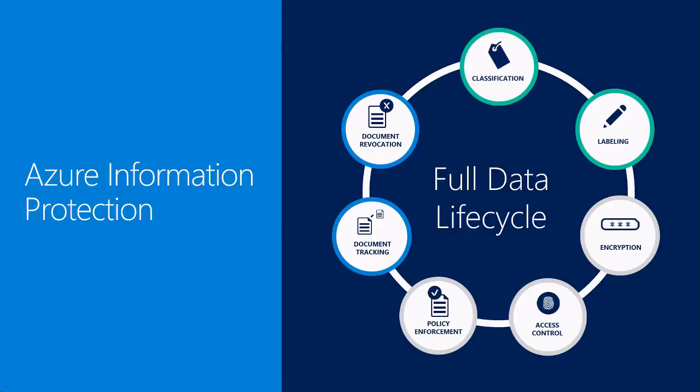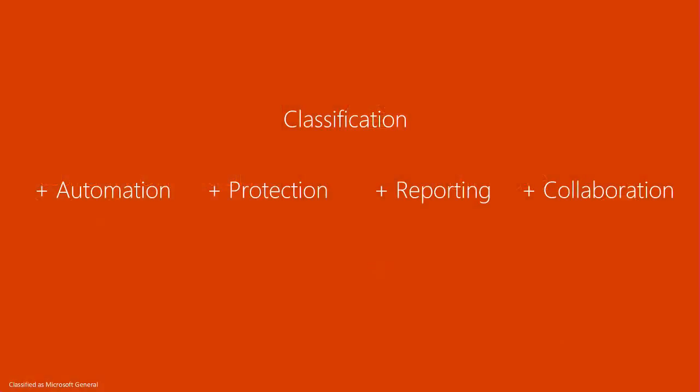So this is what Azure Information Protection is all about. With Azure Information Protection, you get a number of capabilities. Firstly and foremostly, we get classification. We can add automation to that classification. Automation is particularly important to us, and I'll talk about that in a little more depth in a moment, because that allows us to get away from the idea of users having to manually click a button to classify their data and fundamentally get it wrong 70% of the time.